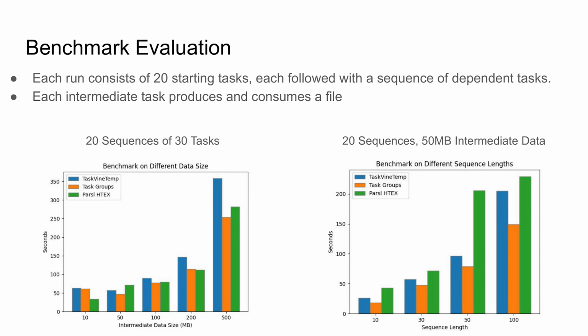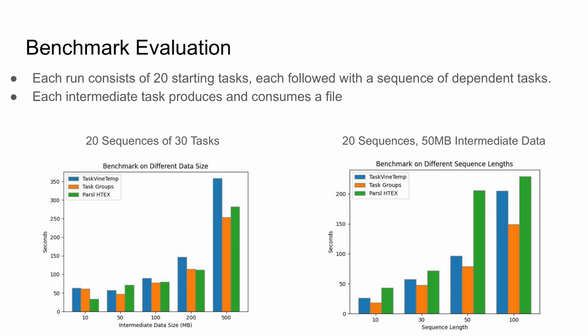And we're changing the size of the intermediate data between each task. And so in the small data sense, the high throughput executor, which is shown in green, and then using TaskVine temporary files without this sequential association, and then task groups in orange is with these associations. High throughput executor using a shared file system with small intermediate data can easily outperform the other two options because it's not very taxing on a shared file system.